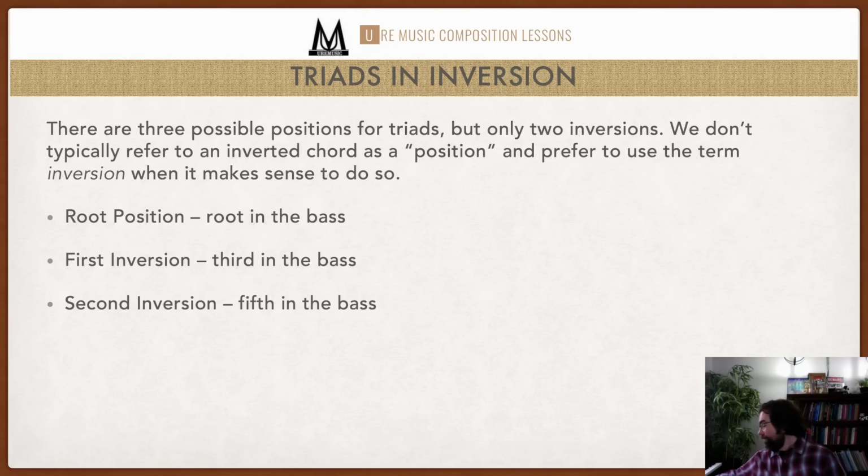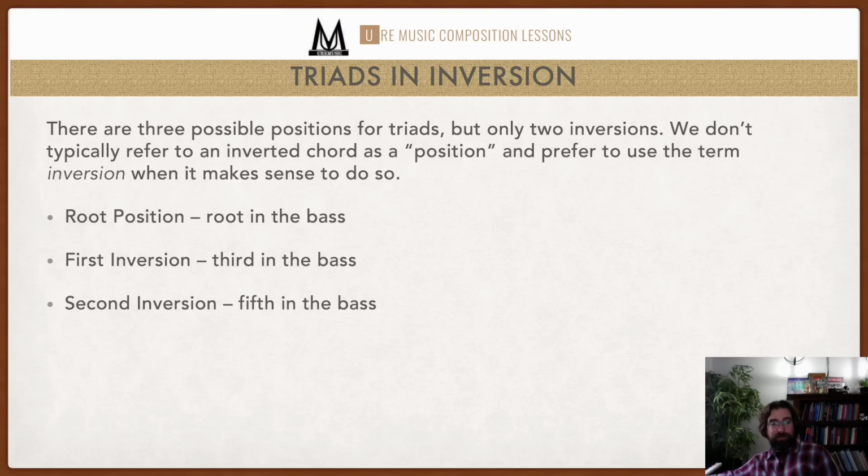And if you think about this, the root is a basis for the quality. So C major triad, right here we've got C, E, and G. This is in root position. If I take the bottom note, the C, and I move it to the top, so E is now my bass note, I get first inversion.